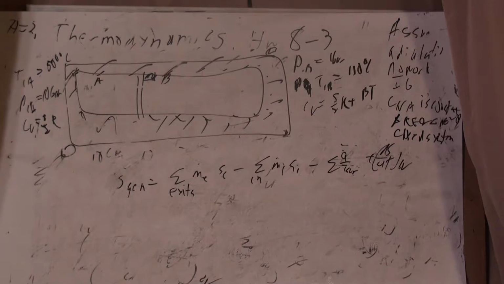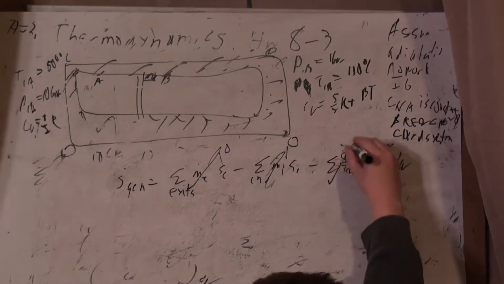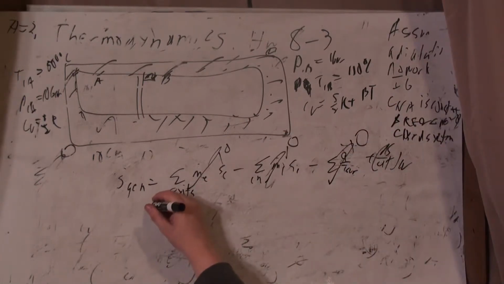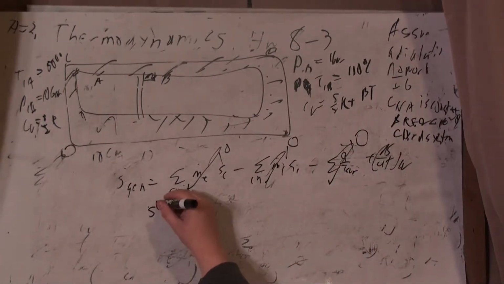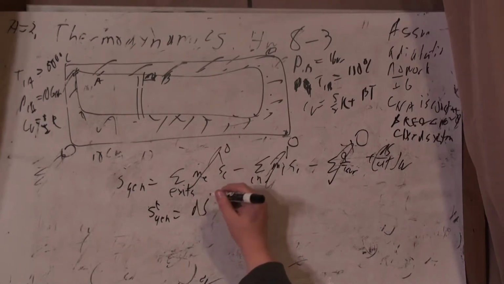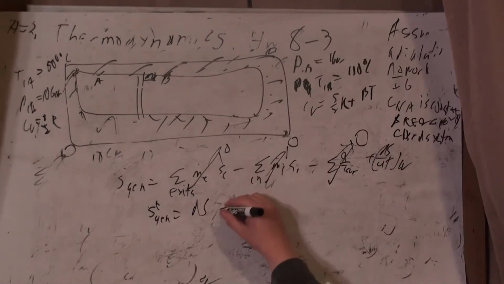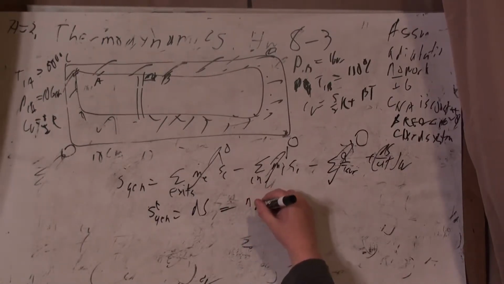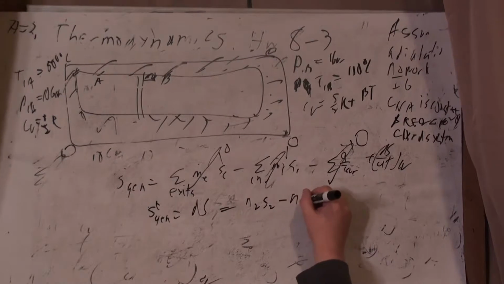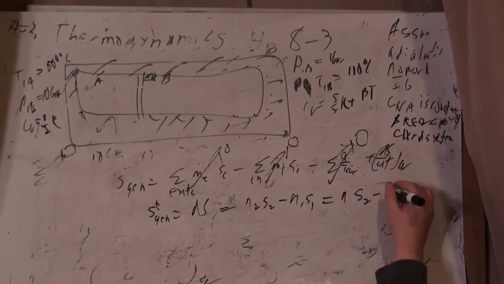Again, we're looking at the system as a whole, so nothing comes in, nothing comes out, no heat transfer is occurring, and so I don't care about time, so my total S generation is equal to my change in entropy of the whole system. Which is going to equal N2 S2 minus N1 S1, which is going to equal N(S2 minus S1).